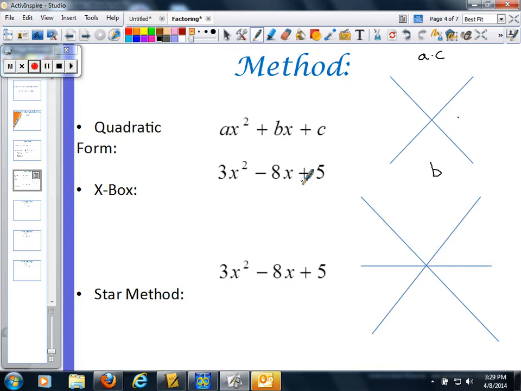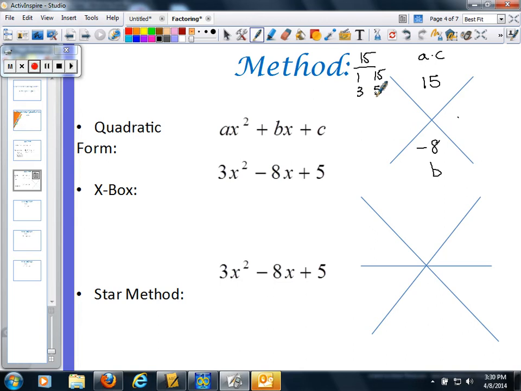Because that's true, I'm going to do a times c. A is 3, c is 5, which is 15. B is negative 8. So now I'm looking for factors of 15 that add together to give negative 8. My factors can be positive and negative. The factors of 15 are 1 and 15, and 3 and 5.